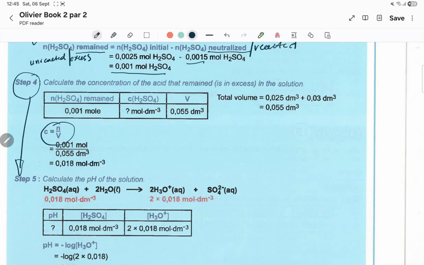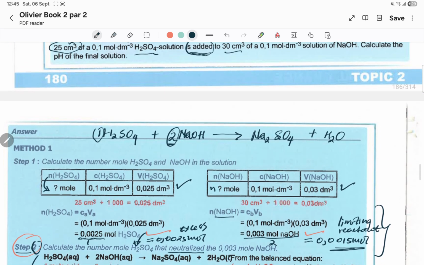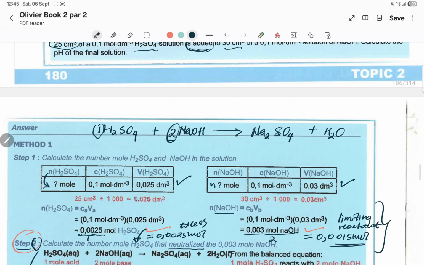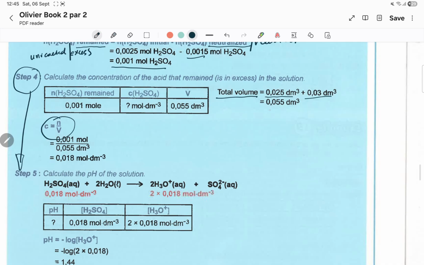So now we need to be careful with this step, the total volume. So we're going to add the total volume, 0.025 and 0.03. So this step, concentration, number of moles over the volume.